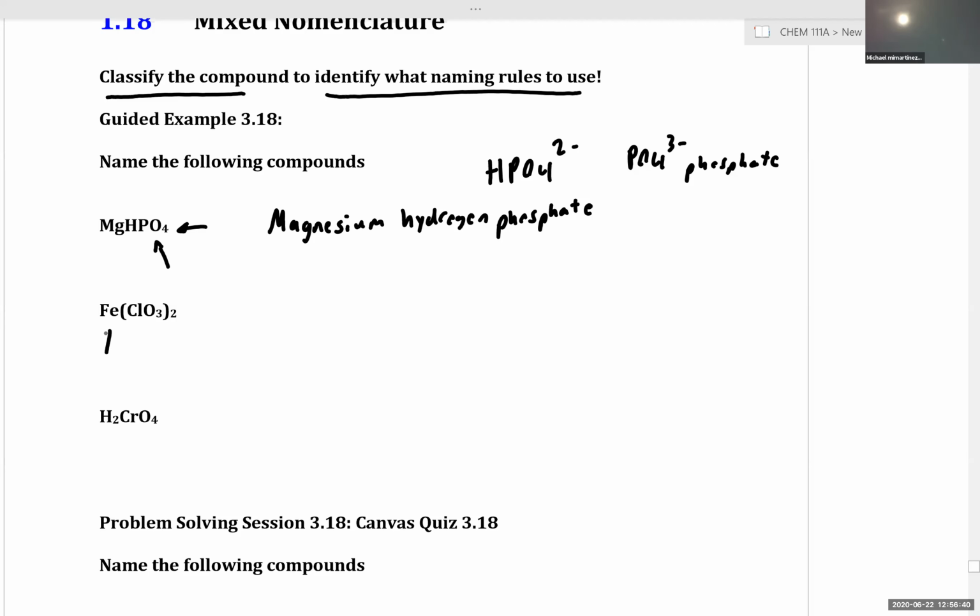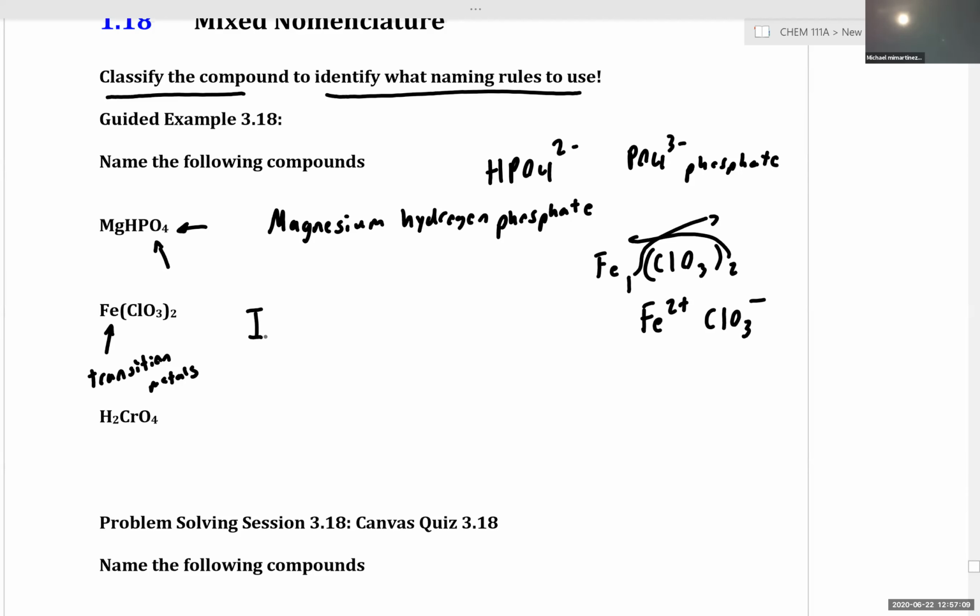Looking at this next example, iron is a transition metal. So we have to use the rules for naming transition metals. Okay, so we need to figure out the charge. So if we have iron and the following polyatomic ion, we reverse cross the subscripts into the charges. That gives us Fe 2+, ClO3 minus.